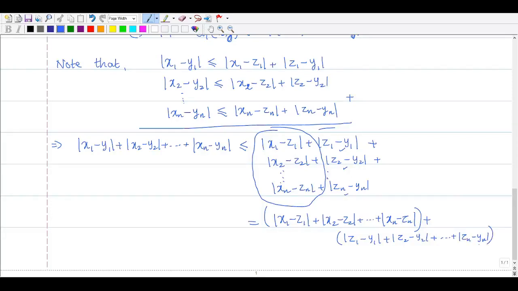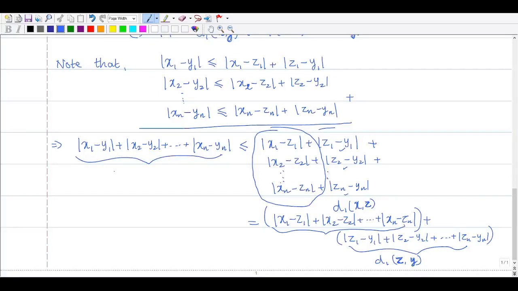Okay, so what is this? This is nothing but d1 of x comma z. And this term is d1 of z comma y. So what you have is the distance d1 of x comma y.